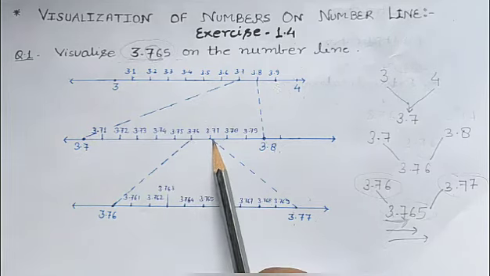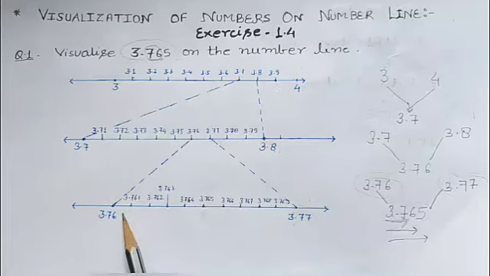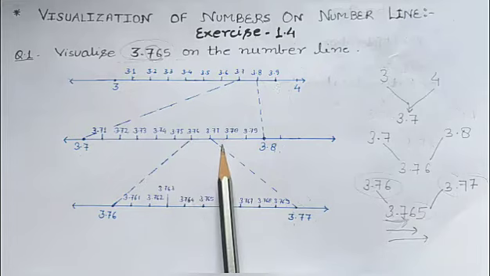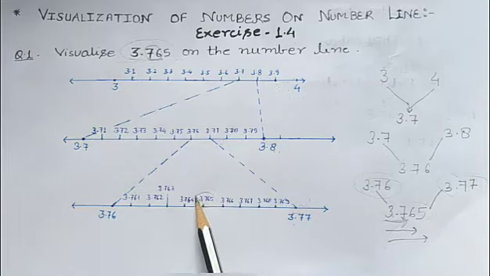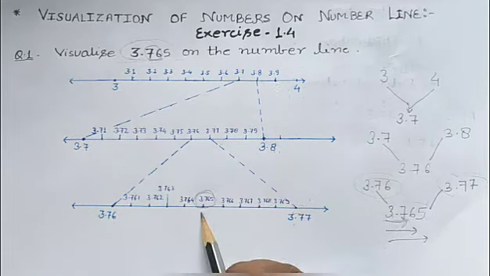Then we have seen that 3.761 and so on, all these numbers are lying between these two numbers. So in between these 10 numbers, our main number is what? The one we have to represent, 3.765.